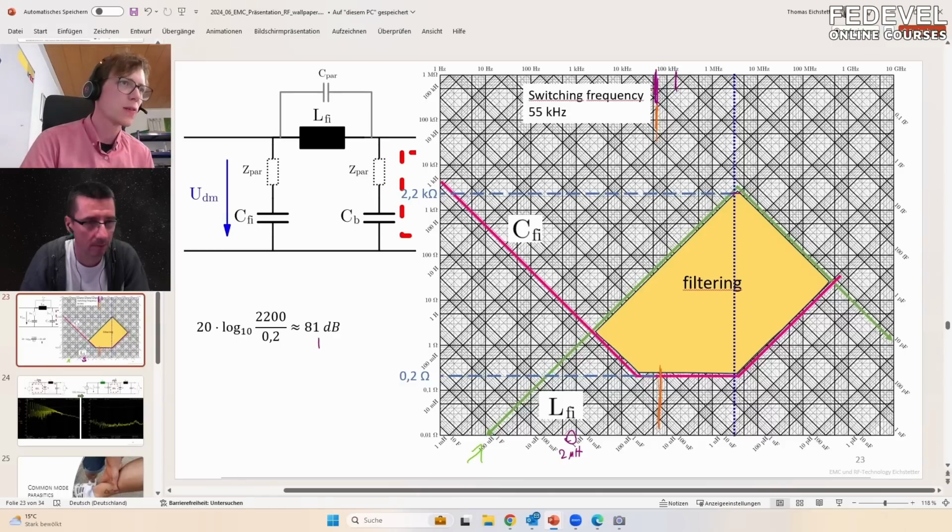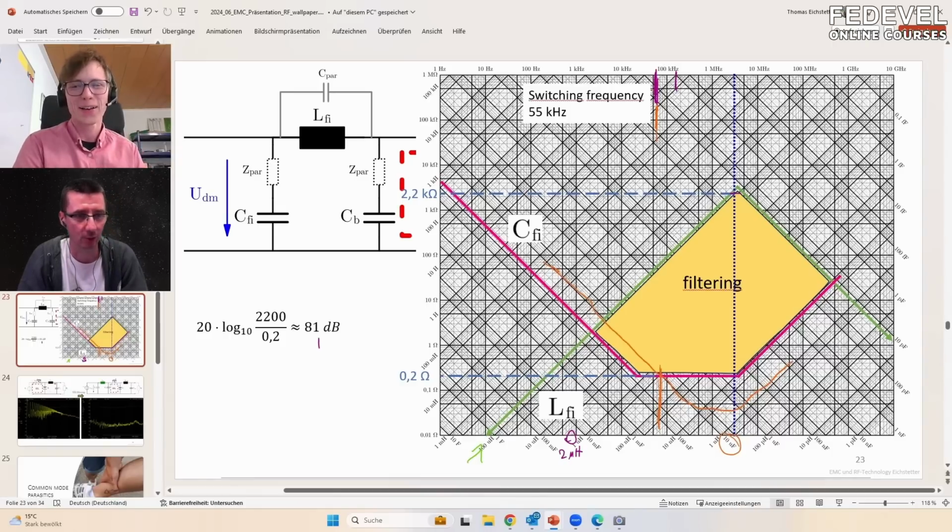And let's say you have a 10 microfarad ceramic capacitor. It would go down here like this. But from here, it's going down with the ESR, which is approximately 40 to 50 milliohms in this area. How do you know? Experience.